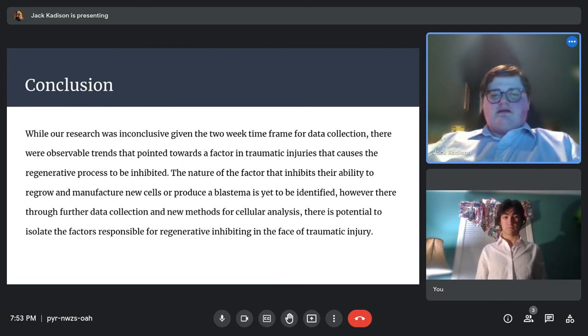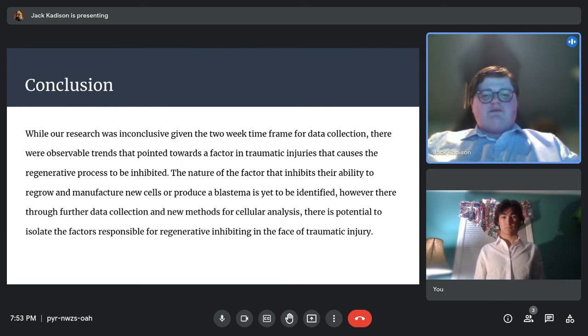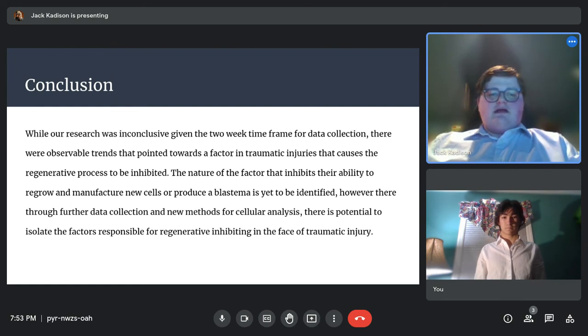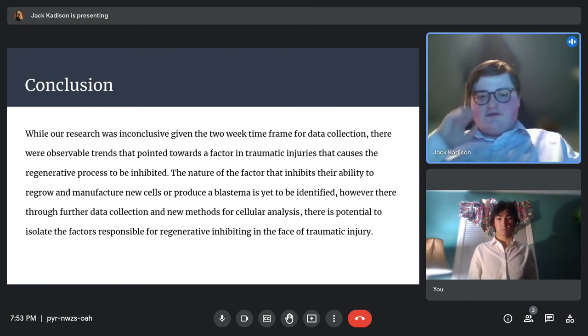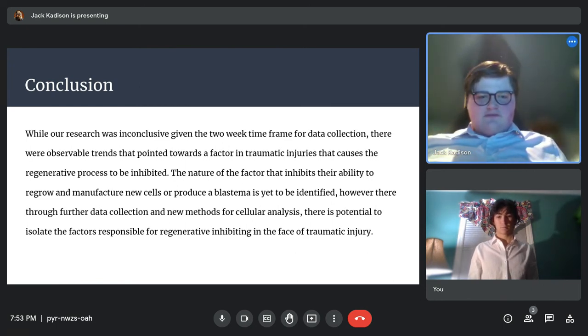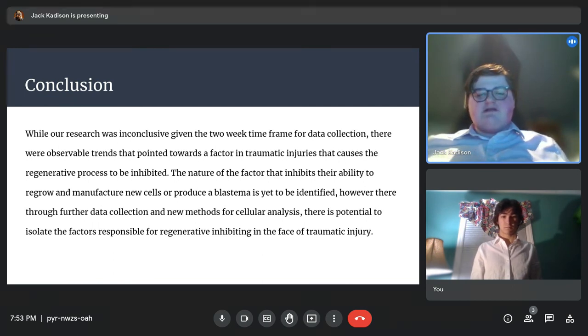The nature of the factor that inhibits their ability to regrow and manufacture new cells to produce a blastema is yet to be identified. However, through further data collection and new methods for cellular analysis, there is potential to isolate the factors responsible for inhibiting regeneration in the face of traumatic injury.